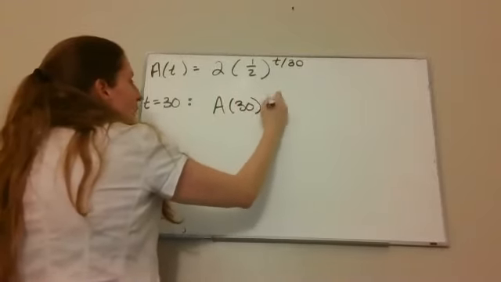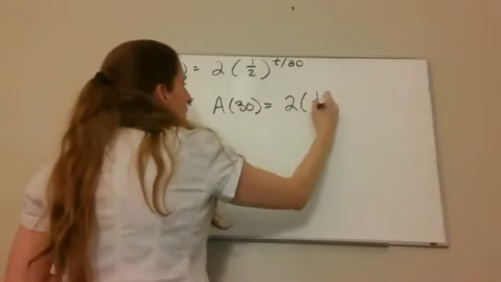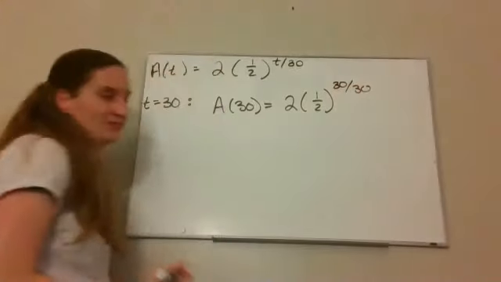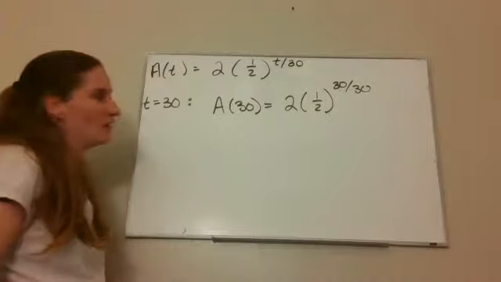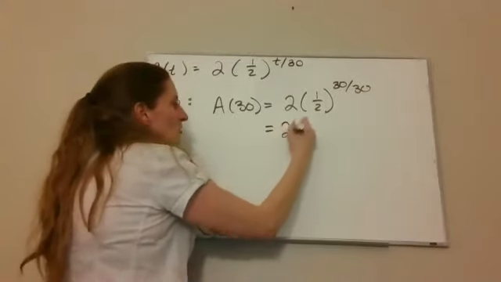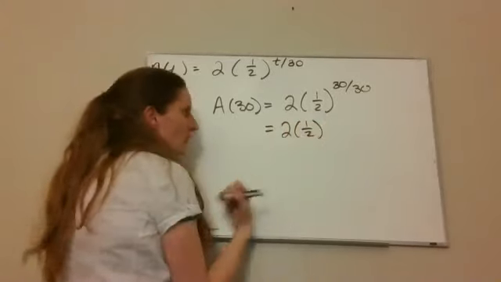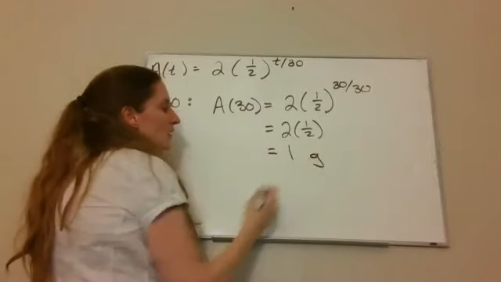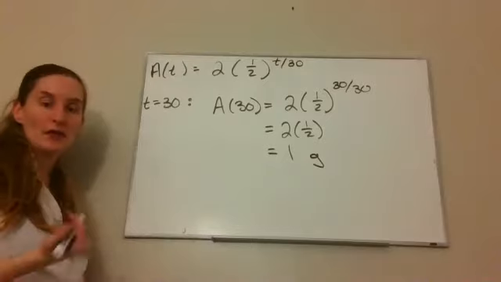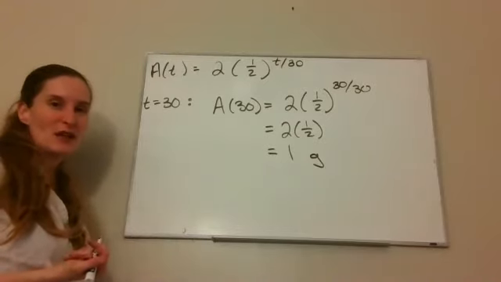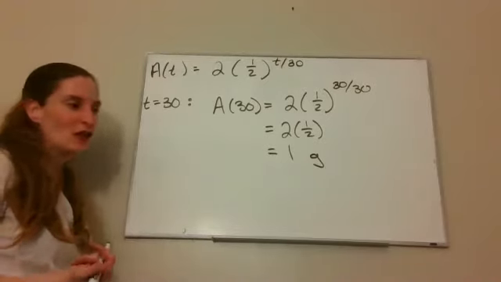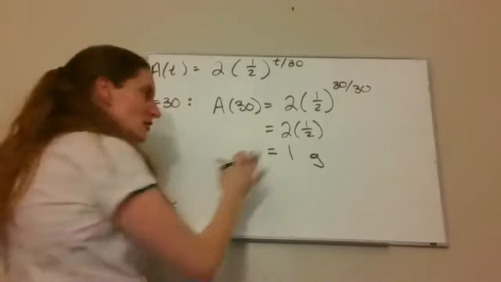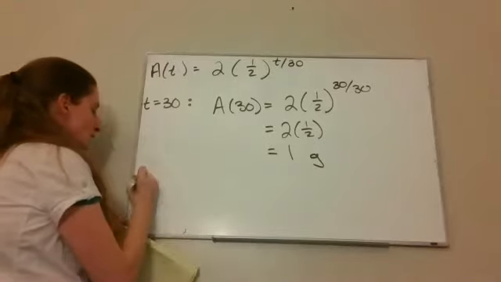We would have A of 30 equals 2 times 1/2 to the 30 over 30 power. Well, 30 over 30 is 1. So this is saying 2 times 1/2 to the first power. 2 times 1/2 is 1. So we would have 1 gram. This is exactly the definition of half-life. Once the half-life has occurred, you have half of the material left. Half of my original amount is just 1 gram.